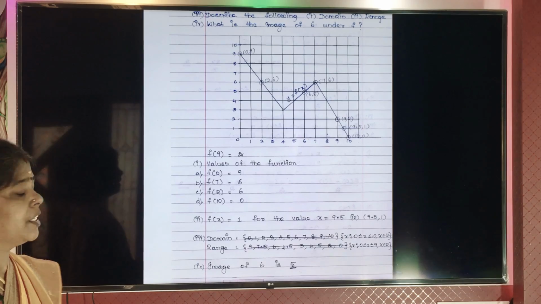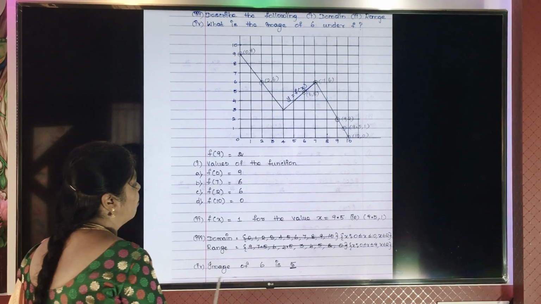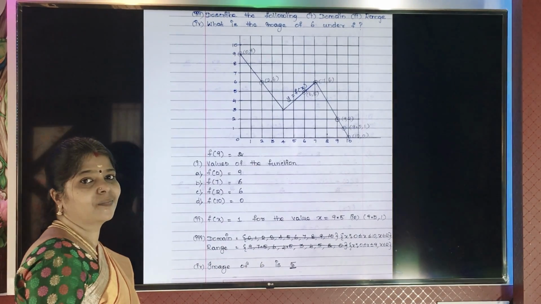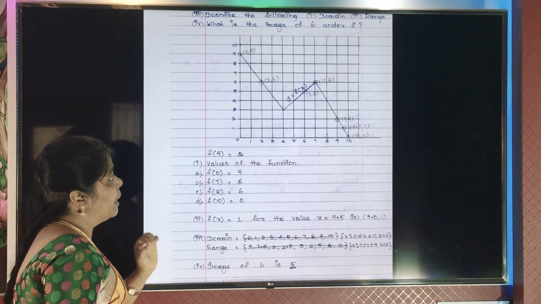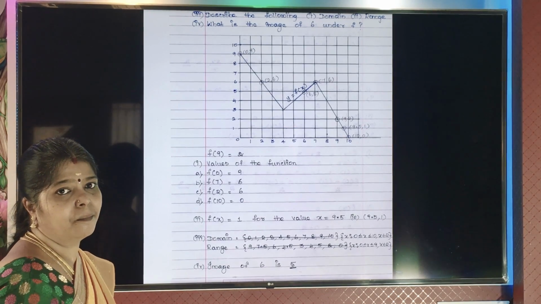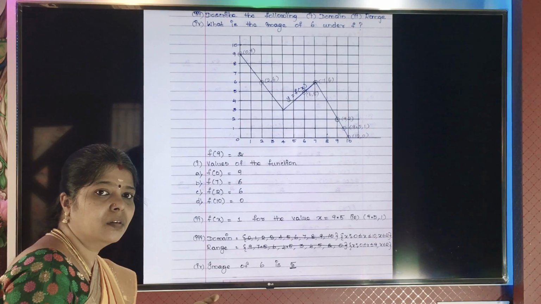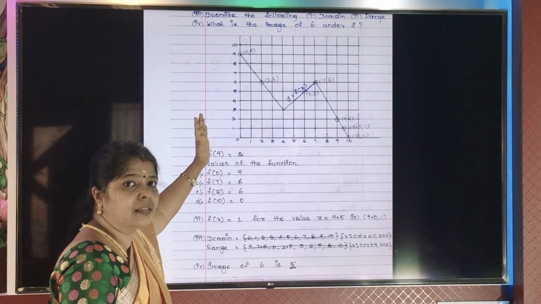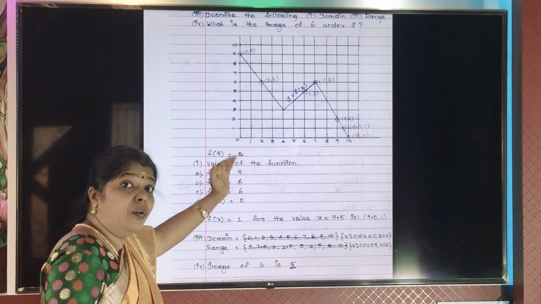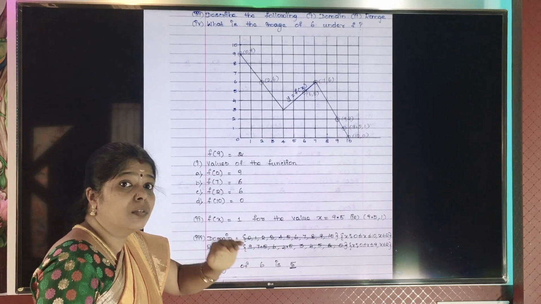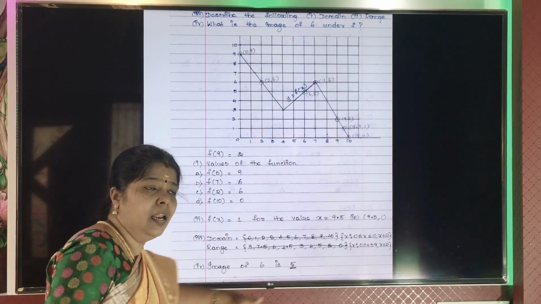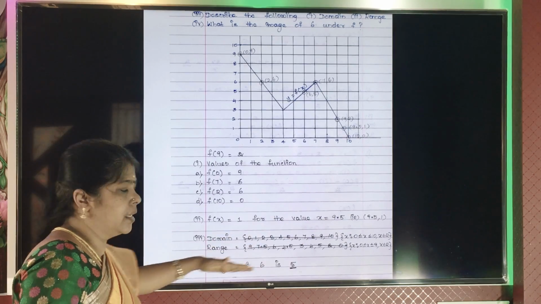And the fourth subdivision was, what is the image of 6? They want the image for 6. Where is the image? Image will lie in the vertical axis. Image for which number? 6. So 6 should lie in the horizontal axis, that is the first set.